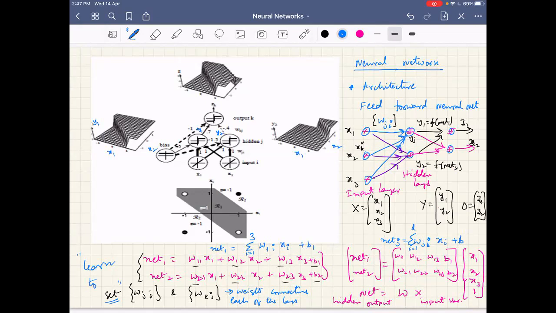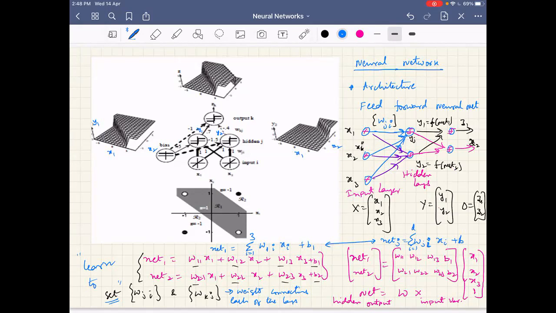You can see this here: W1I into XI plus B. Same thing I have written in more general form here: net J is equal to WJI into XI plus bias, I varying from 1 to D, and this is the net value.